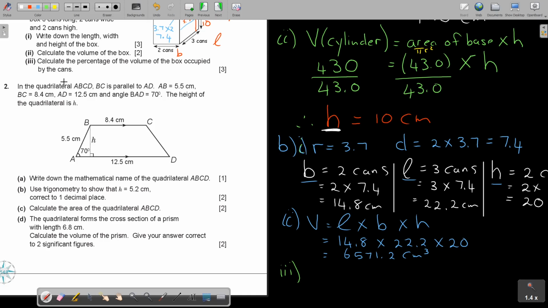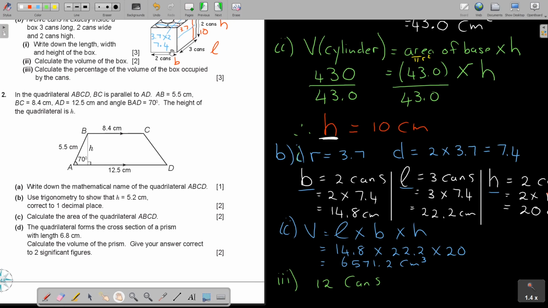Now, just be careful. How many cans are in the box? There are 12 cans, because there's 6 on top and 6 at the bottom. That's 12. What is the volume of 1 can?